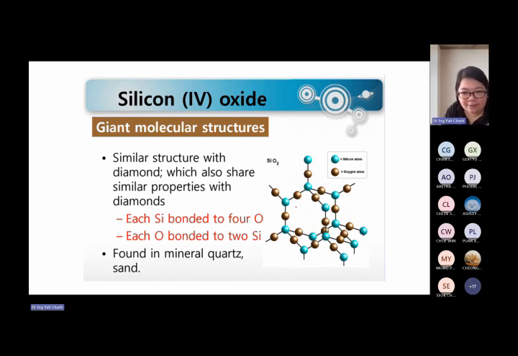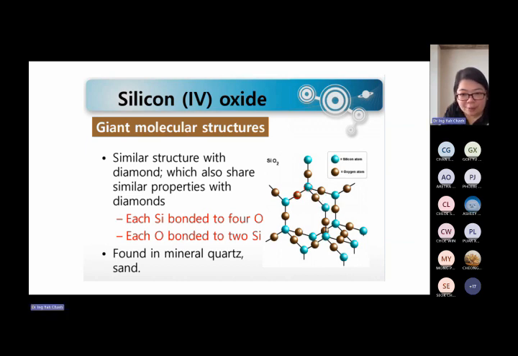Can you see that in this structure, every silicon, I use this one in the middle, is bonded to 4 oxygen. The blue one is bonded to 4 brown ones. So each silicon is bonded to 4 oxygen, but every oxygen, the brown one here, is only bonded to 2 silicon.